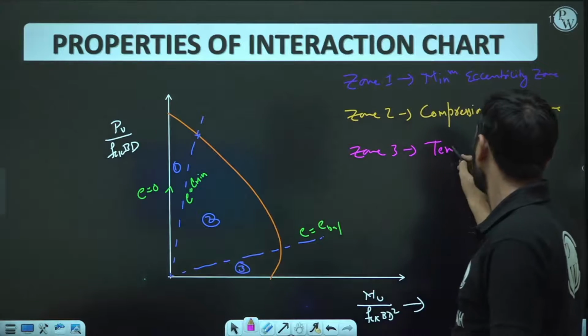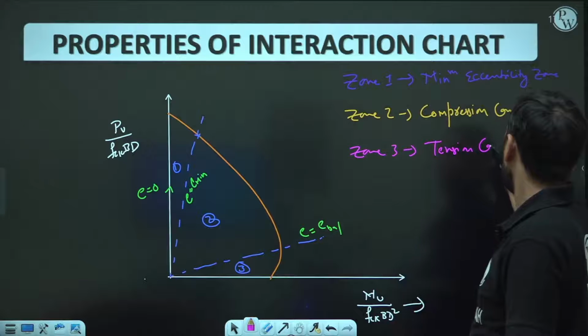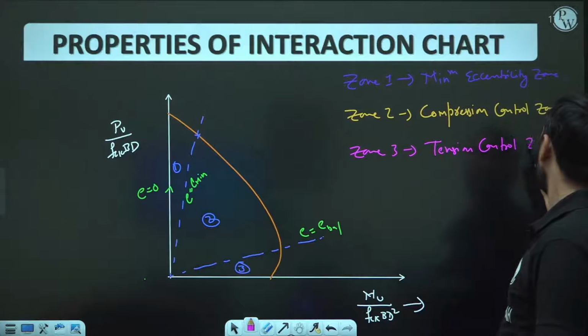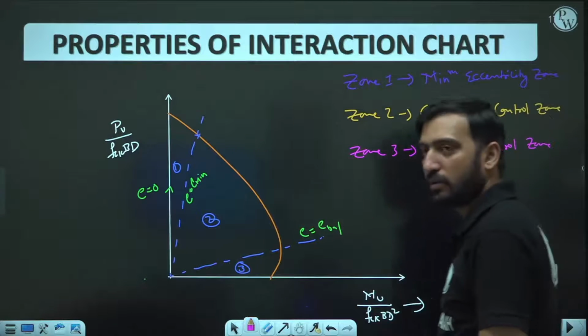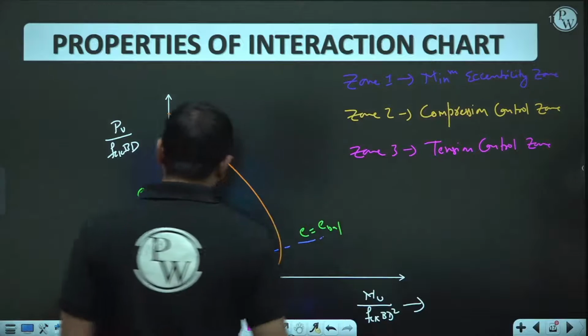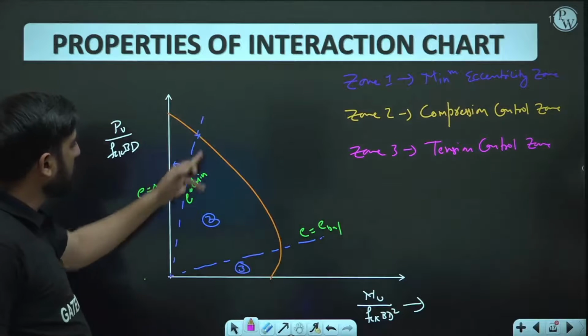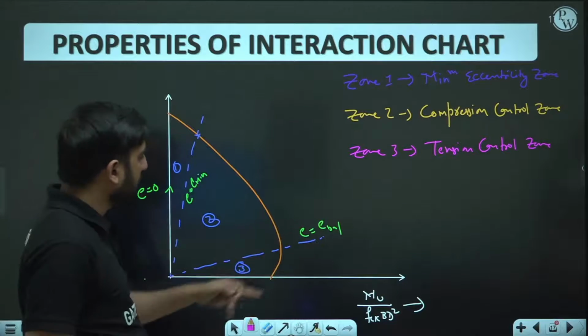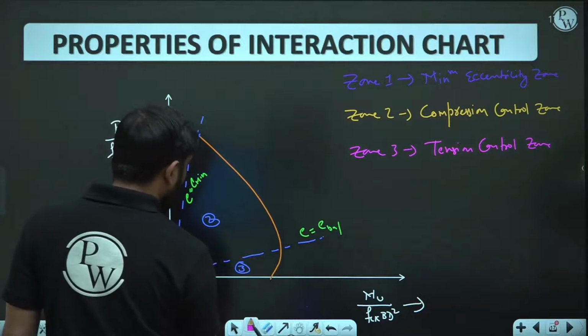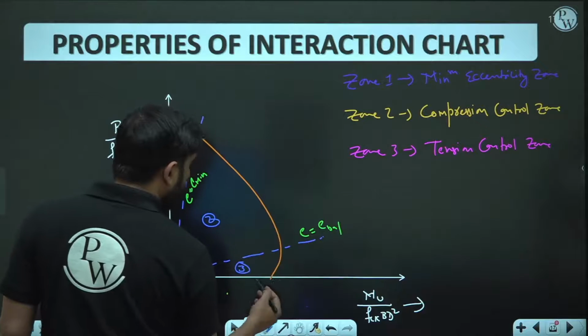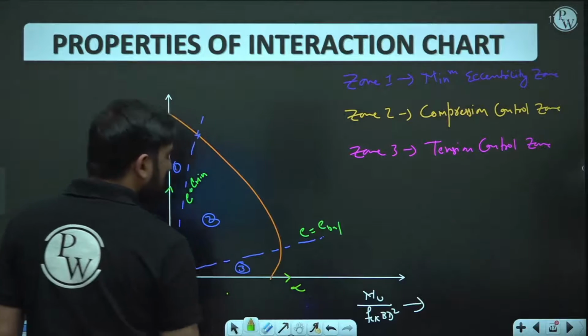So these three zones are there. Here the value of eccentricity is 0, here it is E minimum, here it is E balance, and at this axis the eccentricity value tends to infinity.